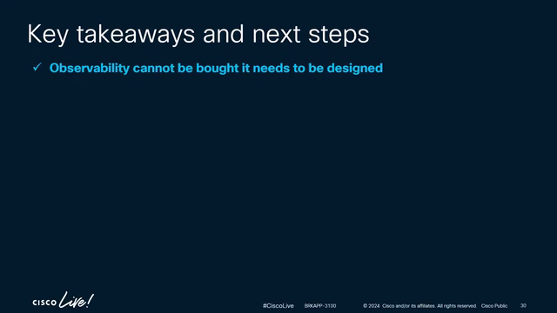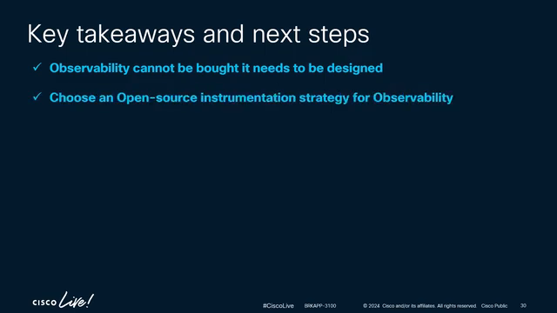But the problem is if you don't design, then you're getting locked in, or you're not making sure that your investments are in the right place. So please design your observability, and for that, you need to choose something which is open source. And what I'm recommending, what Bill recommended as well, is go with OpenTelemetry, because the number of contributions which are happening, I'm pretty sure it'll go beyond Kubernetes pretty soon with the number of changes which are seen. And obviously, you can get started with OpenTelemetry today. You don't have to wait.